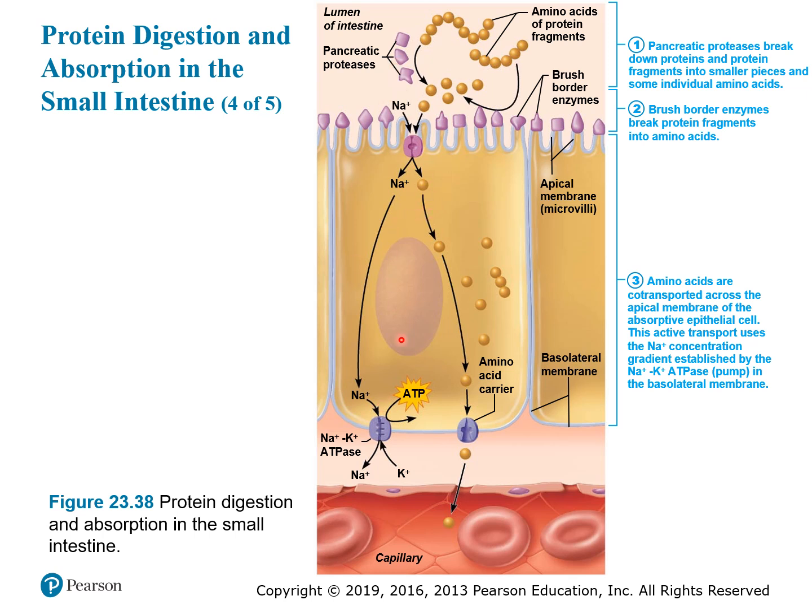And this low sodium concentration helps the sodium to come in, and the amino acid is co-transported along with it. And now, through facilitated diffusion, it comes out of the basolateral surface and goes into the blood. So this is our protein digestion.